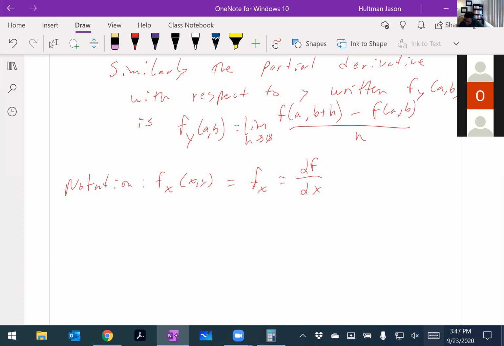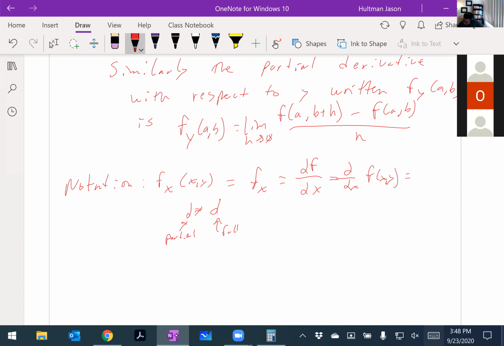So in the notation, this guy is not the same as that guy. So this is partial, this is full. Partial derivative, full derivative. So keep that in mind. This can also be written as dx of f of x, y.